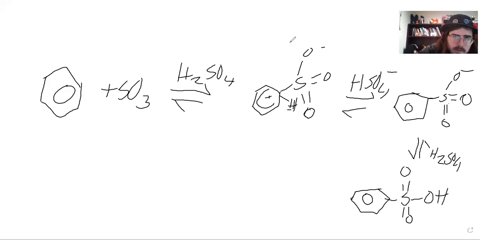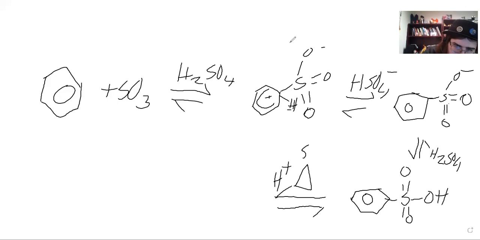So, one of the things of a protecting group is easy to add, resistant to reaction, and easy to remove again. So, in the presence of acid and heat, like steam, we can crack this back down to benzene and H2SO4.